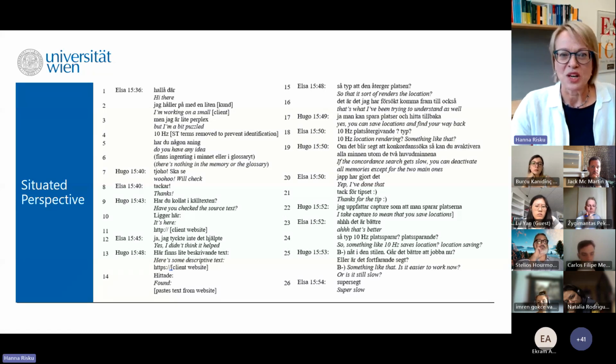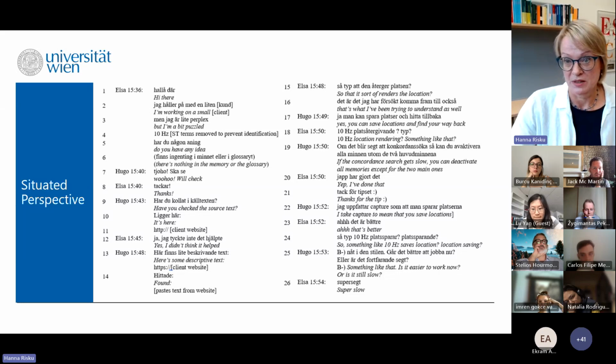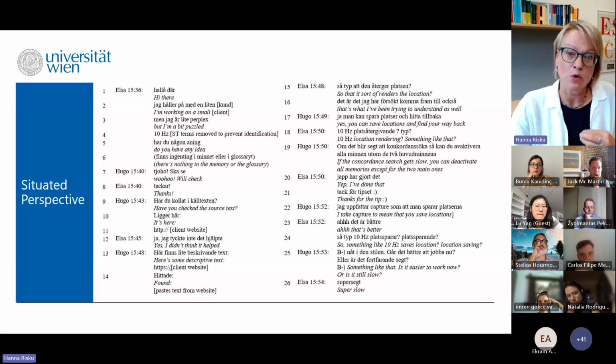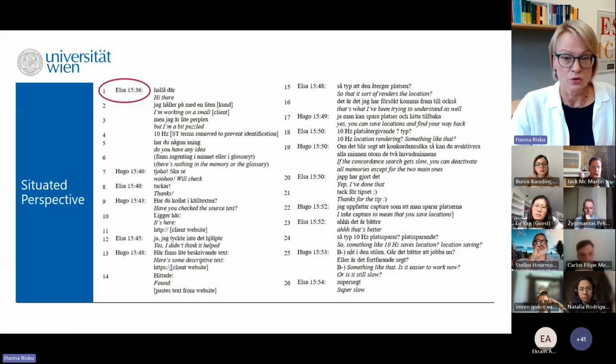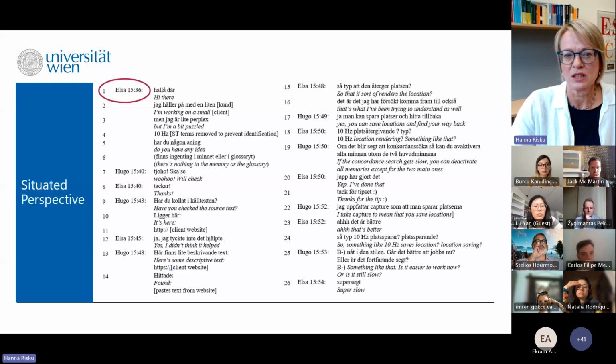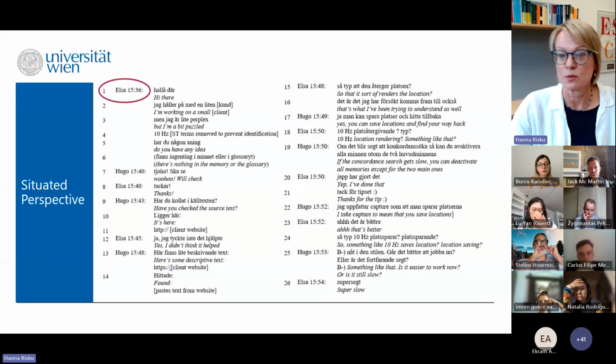So, okay, let's try. Approaching this kind of interaction from a situated perspective means taking the individual translator as the point of departure. The analysis would focus on Elsa's interactions with different resources and the way she interactively and discursively modifies the conditions for getting relevant information and input from her colleague.